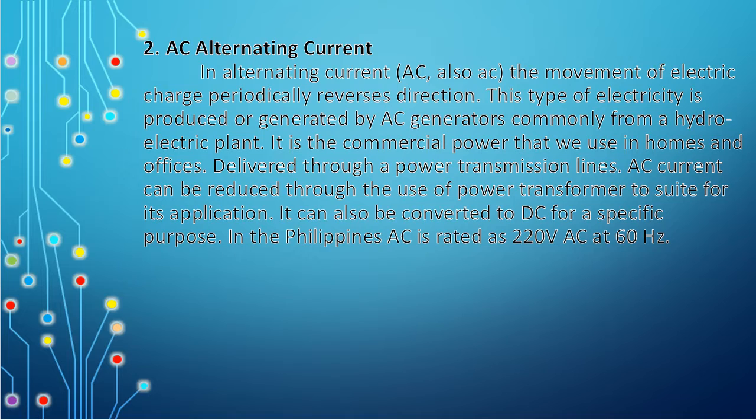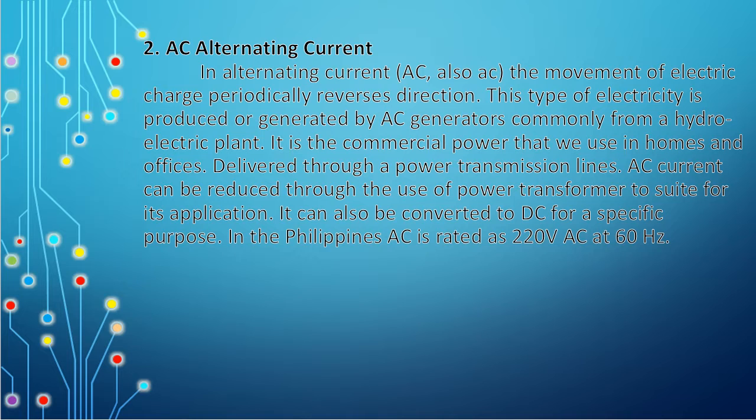It is the commercial power that we use in homes and offices, delivered through power transmission lines. AC can be reduced through the use of a power transformer to suit its application. It can also be converted to DC for a specific purpose.